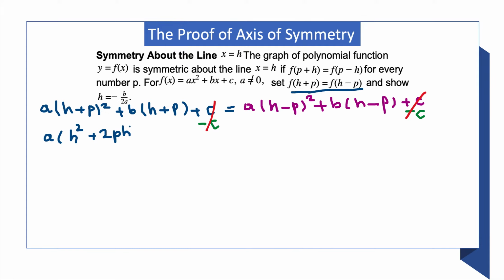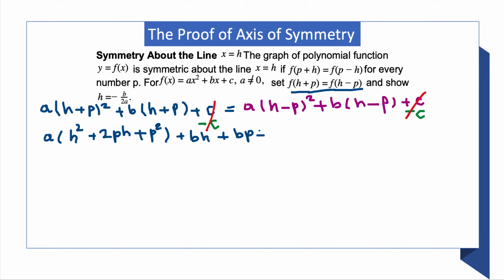So now plus p squared. And then here I'm going to distribute b times h plus b times p. Let me distribute this. b times h plus b times p. So here we have.